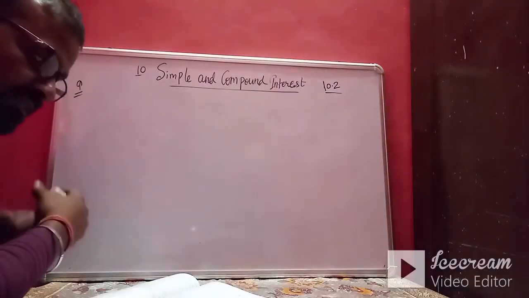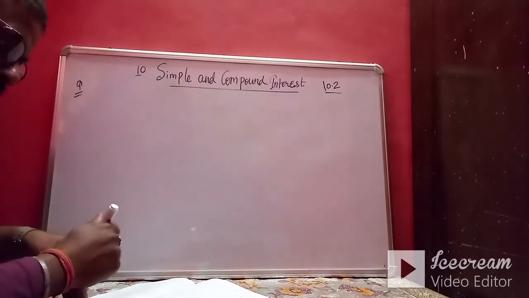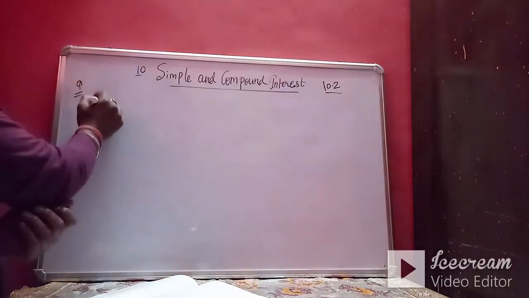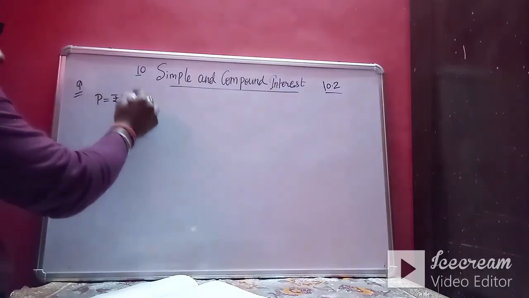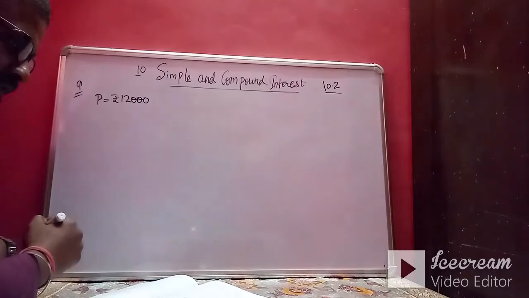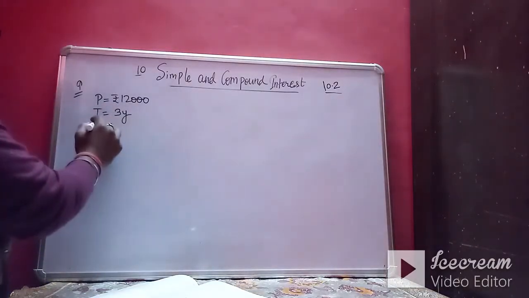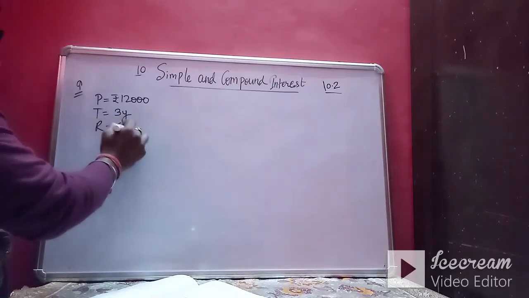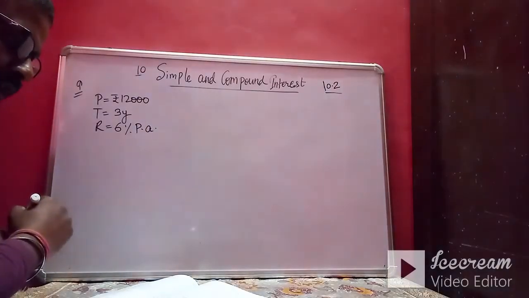Find the difference between compound interest and simple interest on rupees 12,000. So principal here is rupees 12,000 for 3 years. Time is 3 years and rate is 6% per annum. Okay, so now what we have to calculate?